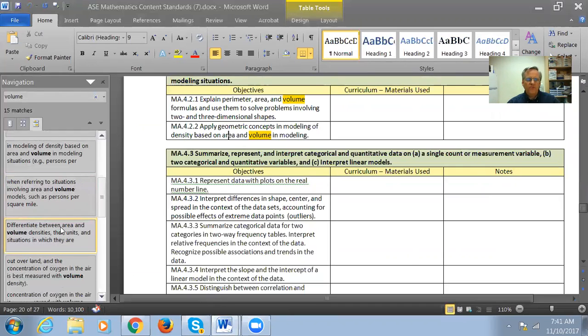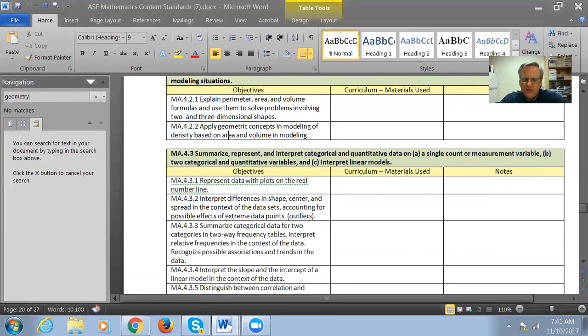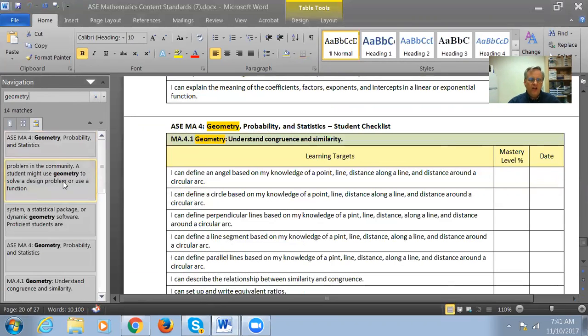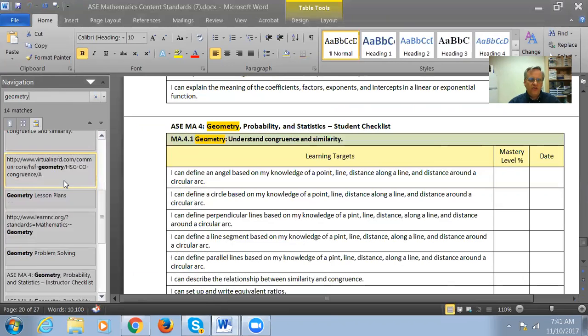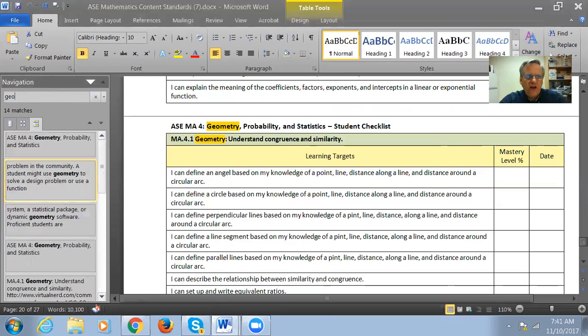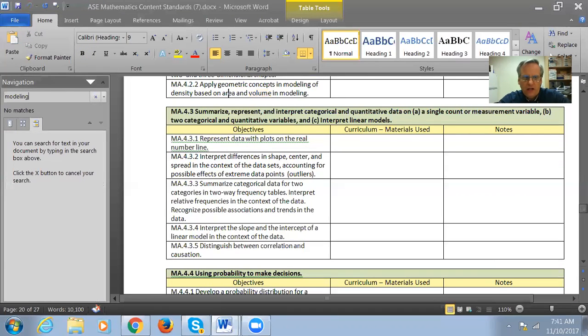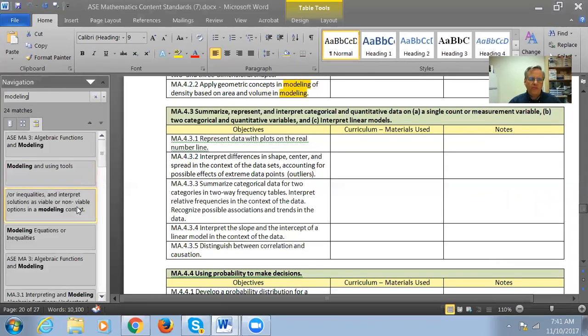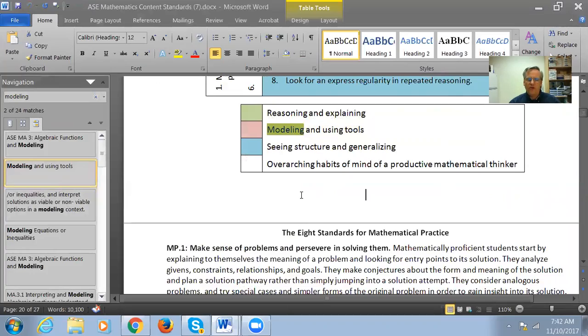But I might look and put in geometry, and I'm just doing this for extra credit to look good here. If it mentions something in the standards of mathematical practice, or probably I won't find necessarily that, but if I look at modeling, I bet I would find something perhaps in the standards of mathematical practice.